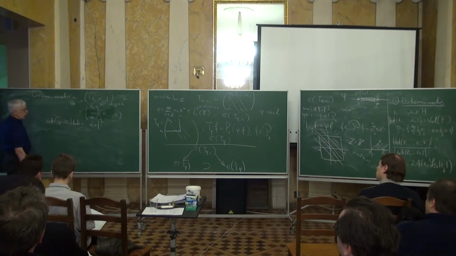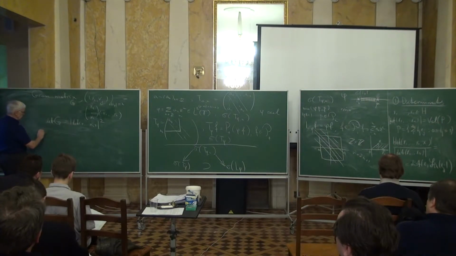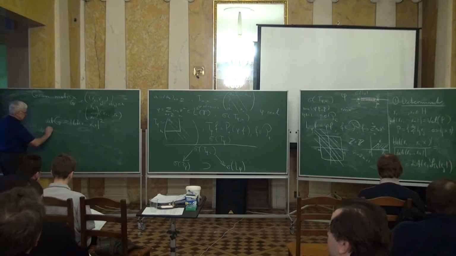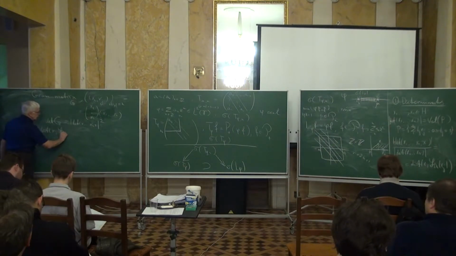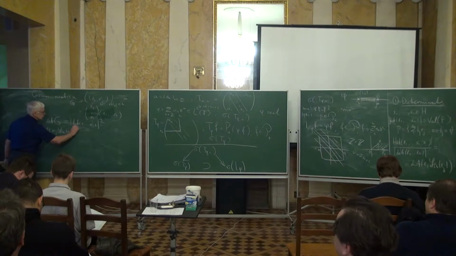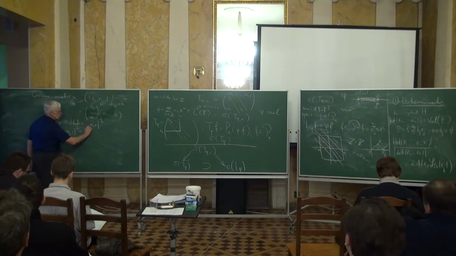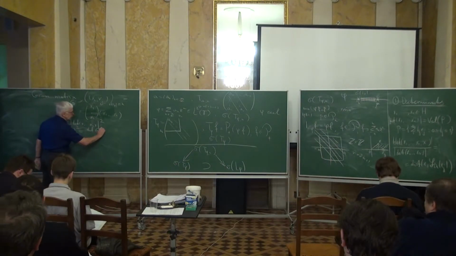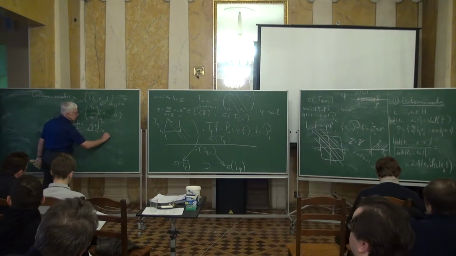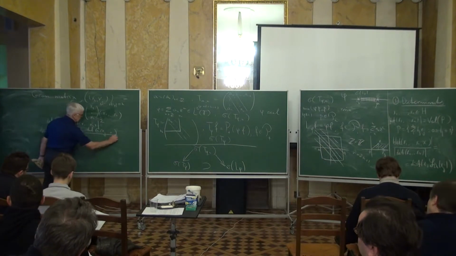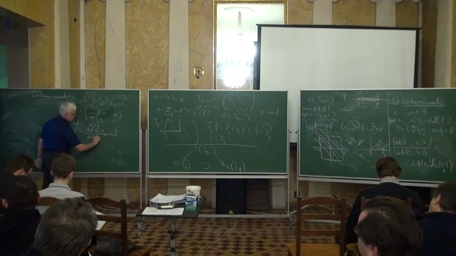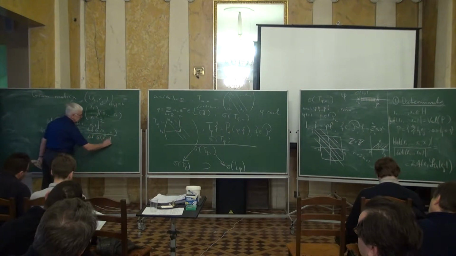And so we obtain in particular that the distance of x to the linear hull of the xj, squared, is equal to the ratio of the Gram determinant of the system xj plus x to the determinant of the Gram matrix of xj.